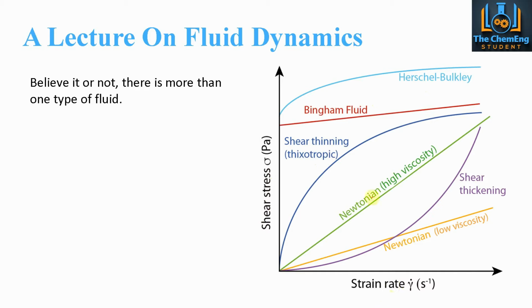Because what this tells us is that the gradient of each of these lines is the viscosity. In essence, a Newtonian fluid has a constant viscosity, i.e. its viscosity won't change no matter how much shear rate or shear stress we apply.